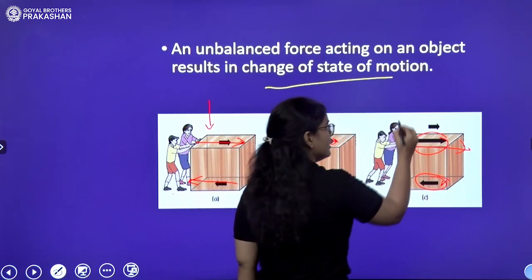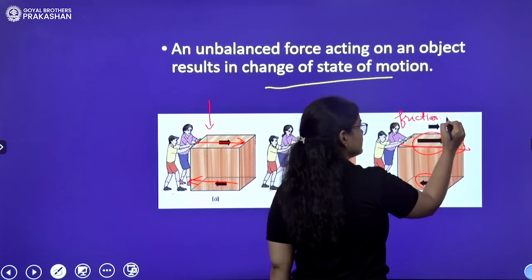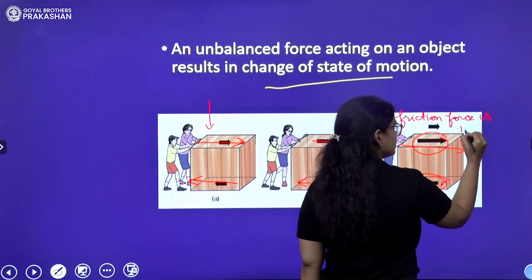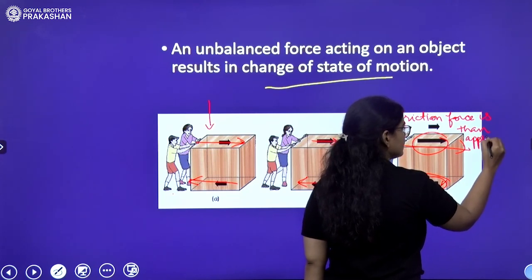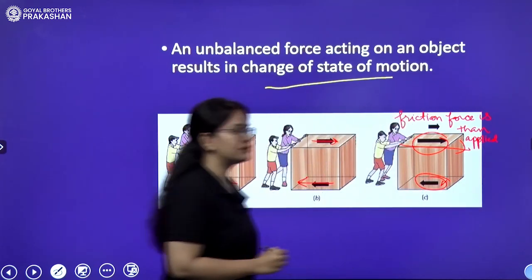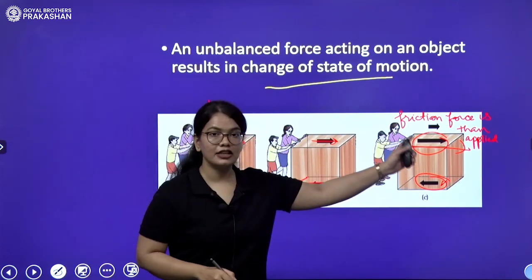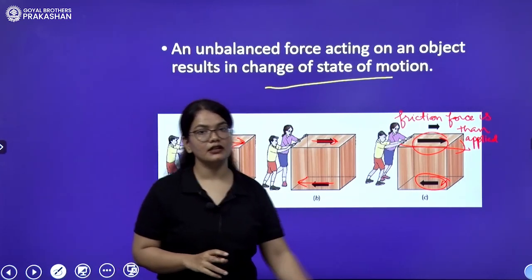In this case, the friction force is less than the applied force. Hence, both the forces are not balanced, they are not equal, and as a result, the body has started moving.